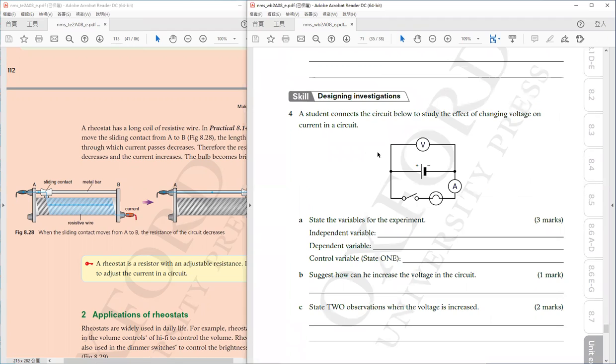Page 71 states the variables for the experiment. So the independent variable: we want to study the effect of changing voltage on current.